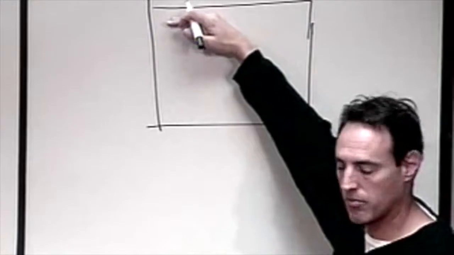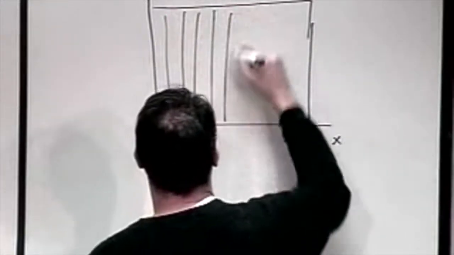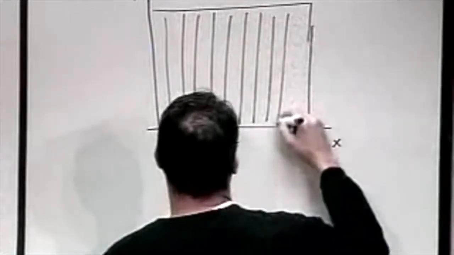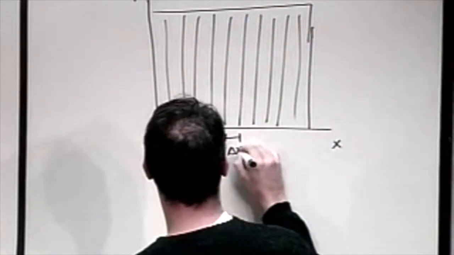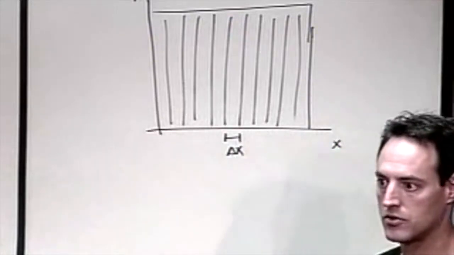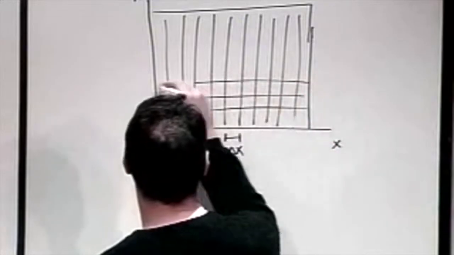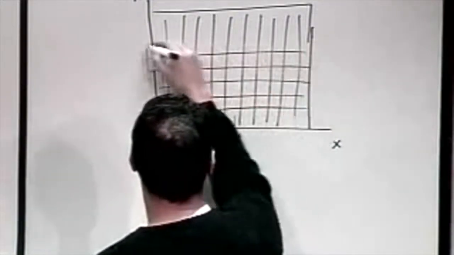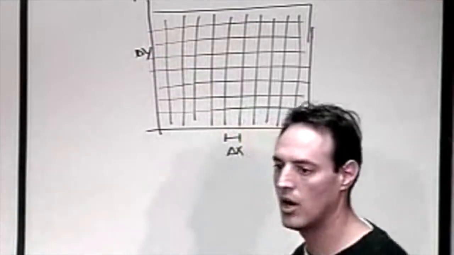That's the discretization process, where the distance between these is delta x. So that's discretized in x, and this is delta y, discretized in y.